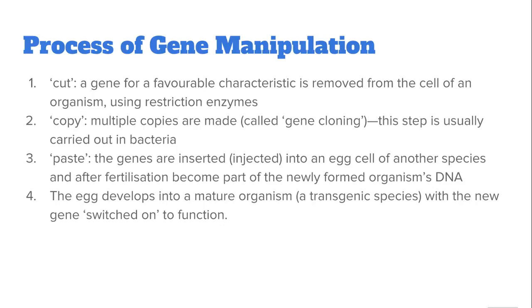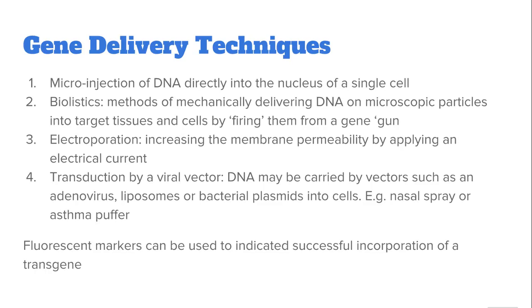And then we paste it, so the genes are inserted back into the egg cell of another species, which after it's fertilized is now a part of the new organism's DNA. And then step 4, the egg develops into a mature organism, which we refer to as a transgenic species. And then it's got that gene, which we manipulated in the first step, switched on and allows it to function.